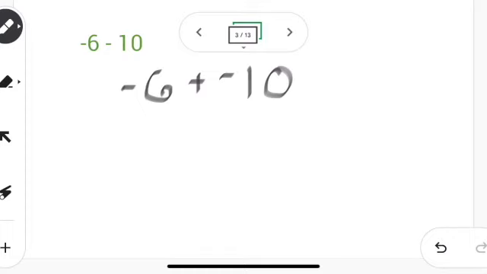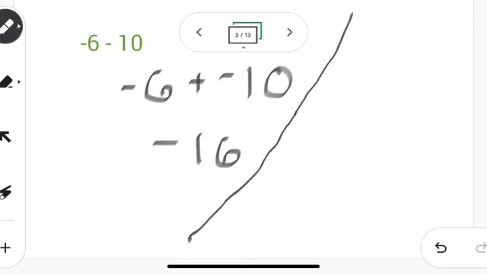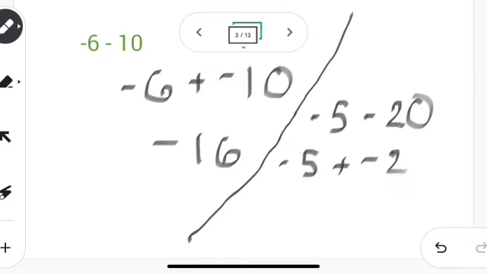And then because the signs are the same, we just add them together, and my answer would be negative. So can you try -5 minus 20? So again, -5 plus -20 would give me -25. Okay, another one.